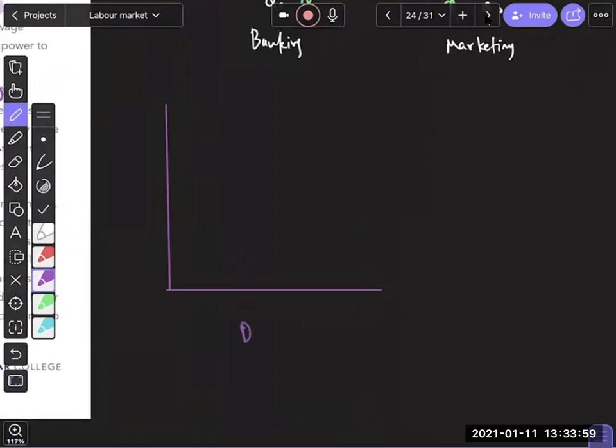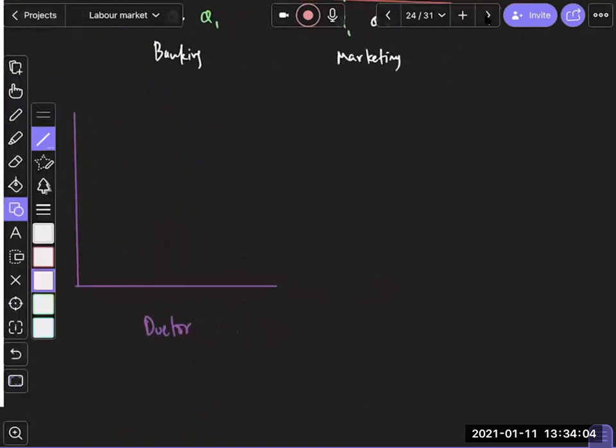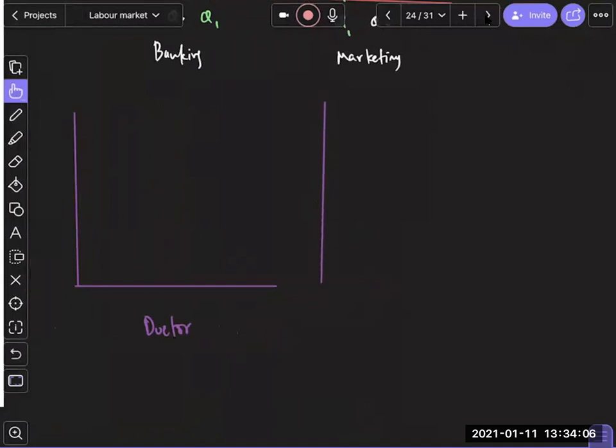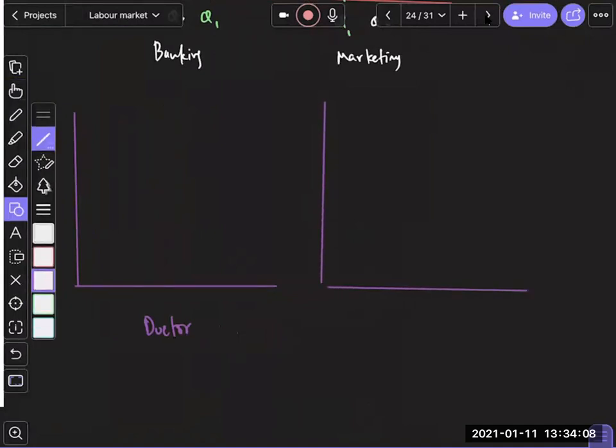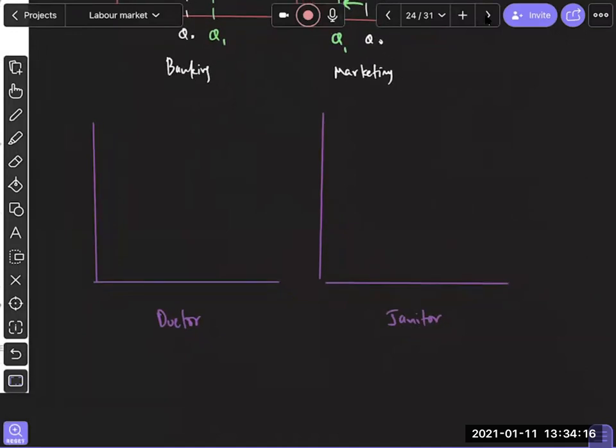If you look at the market for doctors versus janitors, can the janitors become doctors knowing that doctors are paid more? Let's say if I'm a janitor, can I become a doctor? Or if I'm a teacher, and I know doctors are paid more, can I become a doctor now at this age?